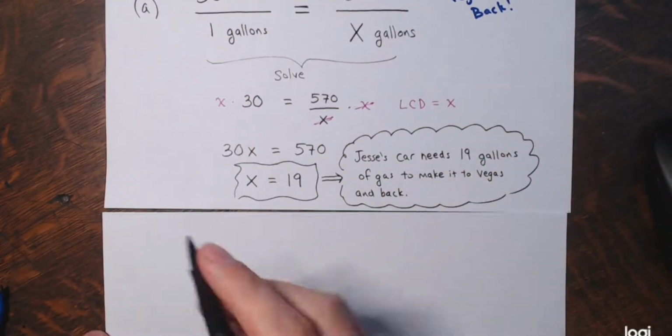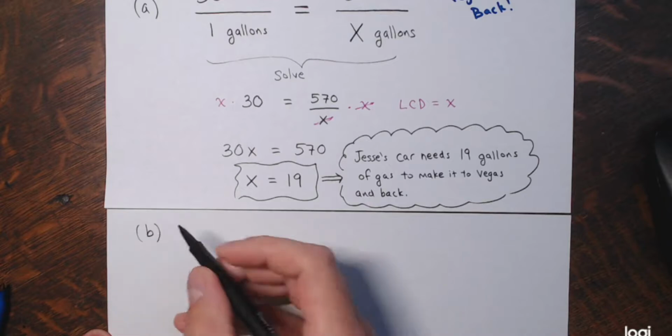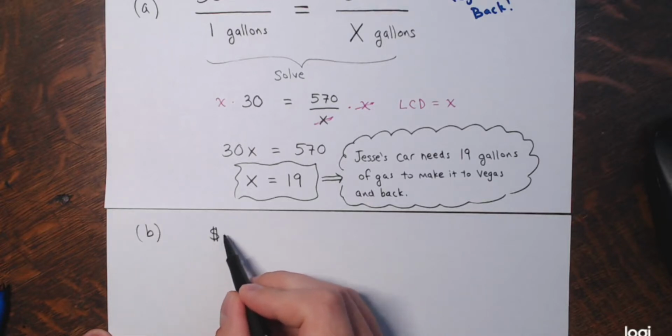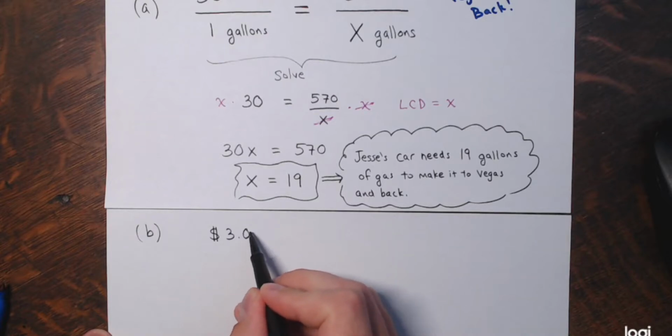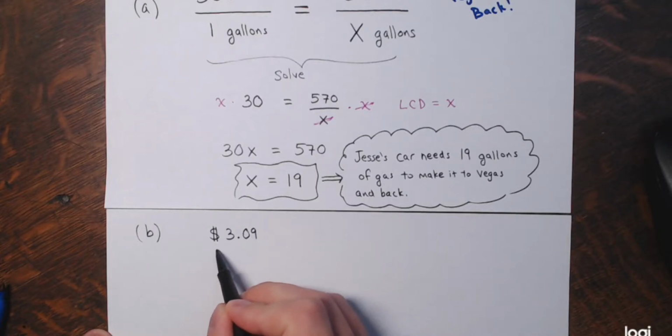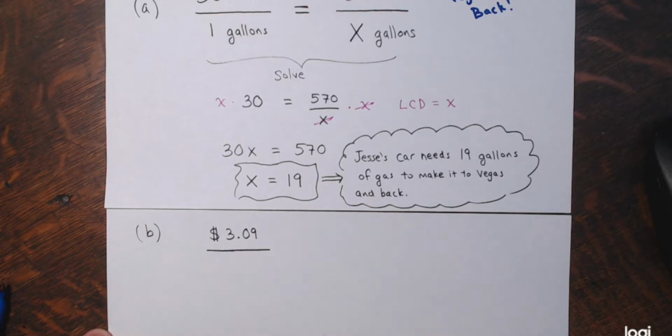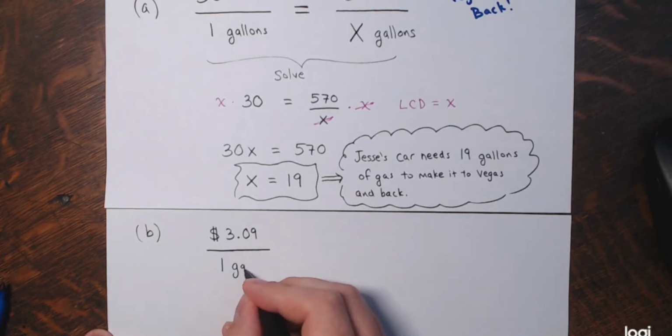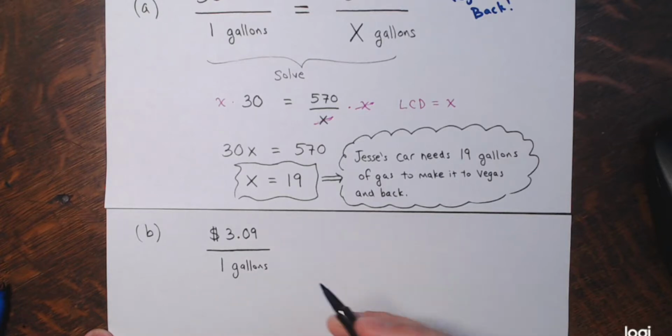Again, we have a ratio. The cost of gas is $3.09. The units up here are dollars per 1 gallon. There's a rate, a ratio.